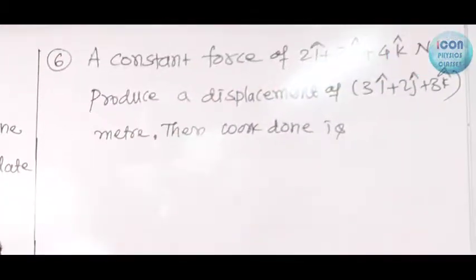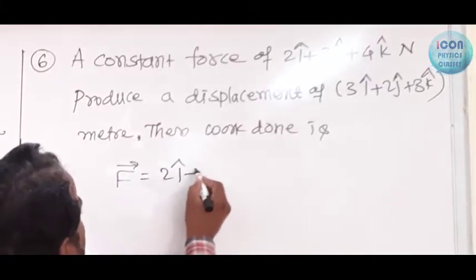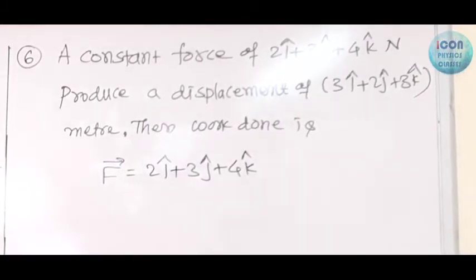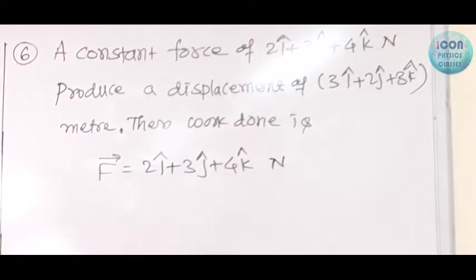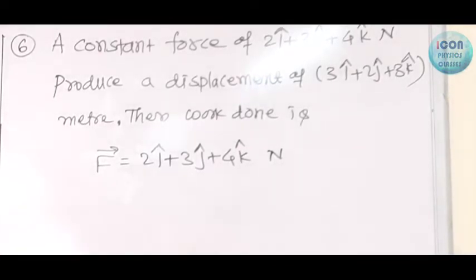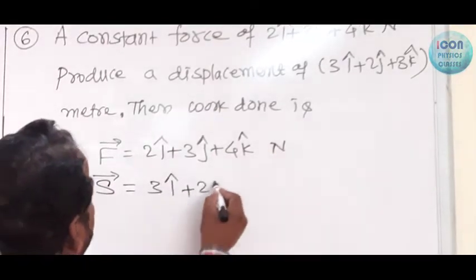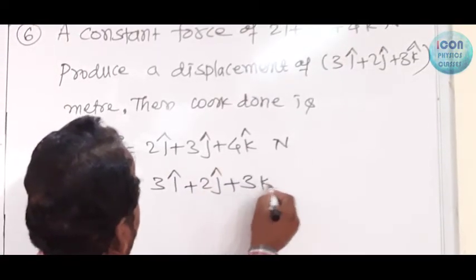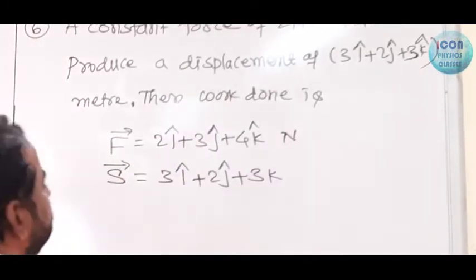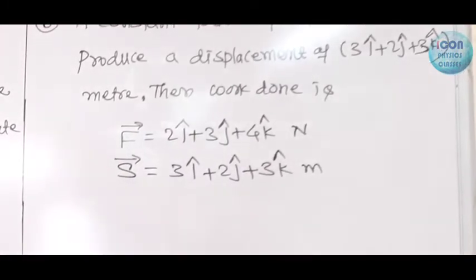A constant force F is equal to 2i plus 3j plus 4k, in Newton unit, when applied on a body produces a displacement S equal to 3i plus 2j plus 3k, in meter. Then what is the work done?